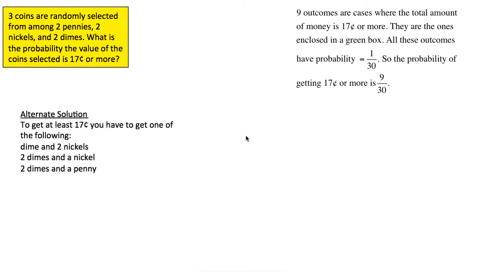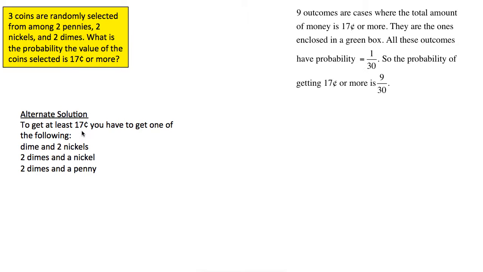Now, if we're going to look for a way to solve this problem without drawing a tree, what we're going to have to do is come up with a way of describing the set of outcomes we're looking for without a tree. The event we're interested in is the event where the coins selected total 17 cents or more in value.